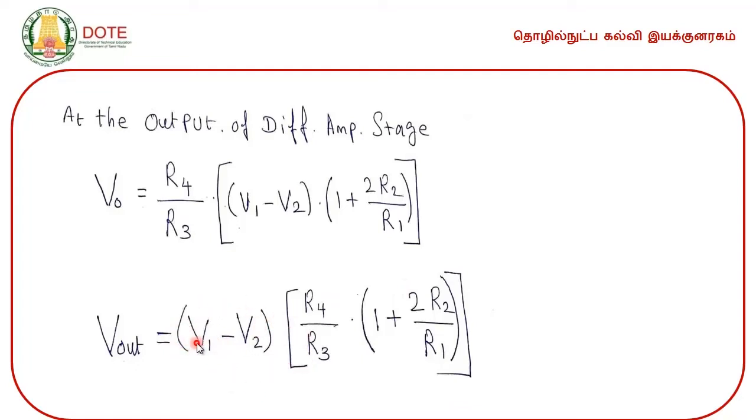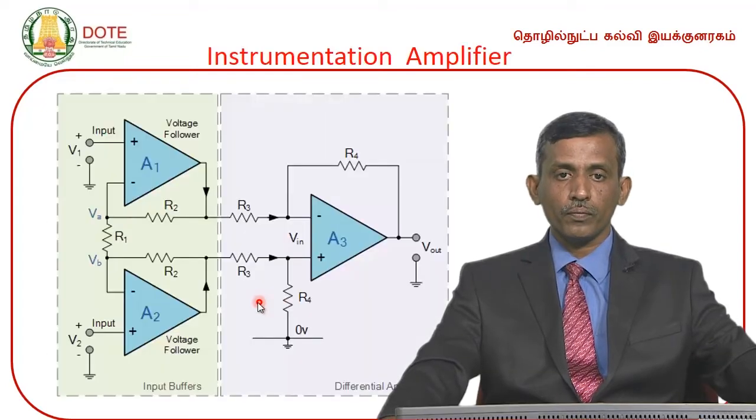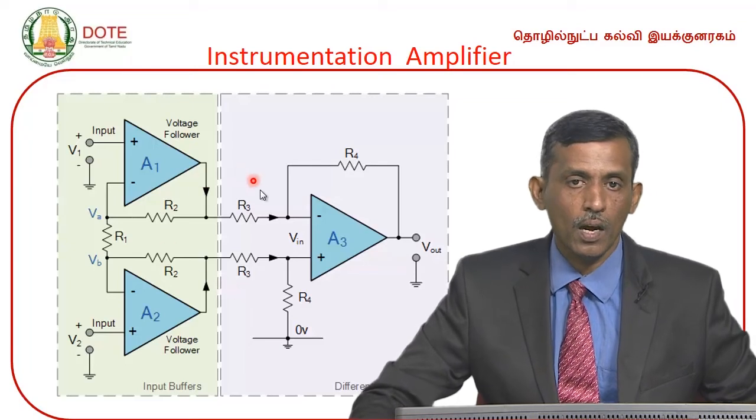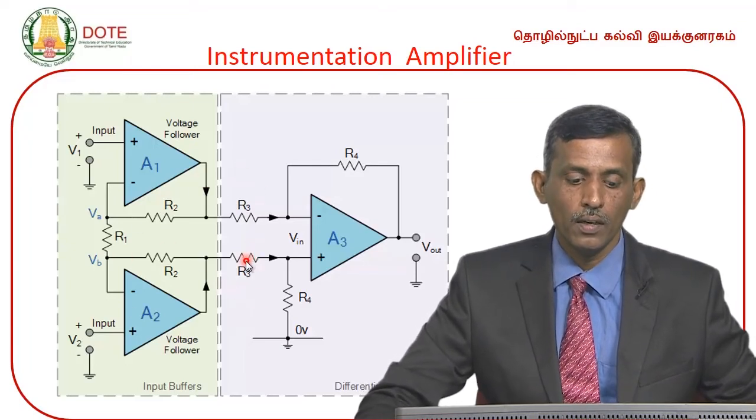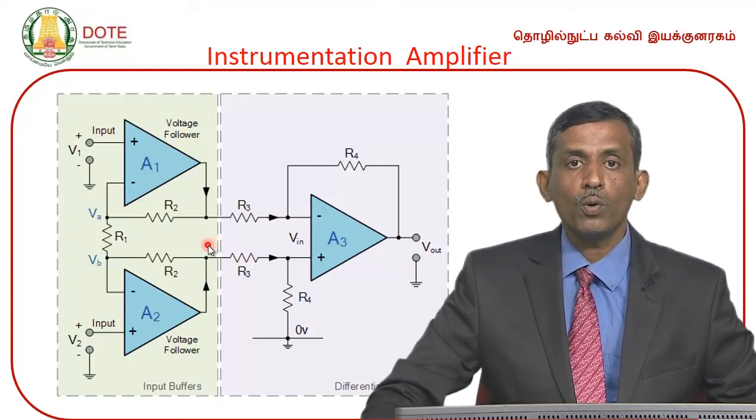V1 is the input voltage, right. V2 is the other input voltage. So the difference between these two voltages is amplified by this gain factor. What is the gain factor? R4 by R3 into 1 plus 2 R2 by R1, right. So this is the instrumentation amplifier circuit, right. Now here, how to vary the gain?